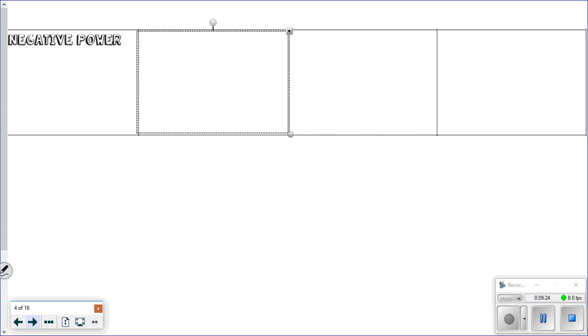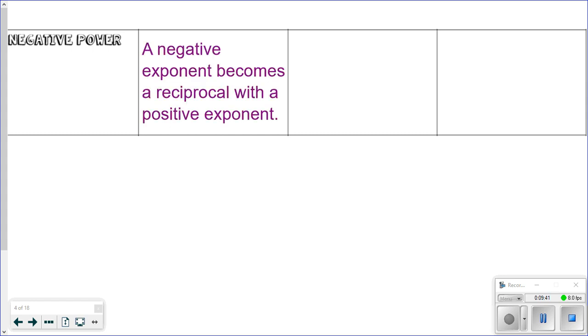So let's add this to our graphic organizer, your yellow paper, and then the more examples we go through, hopefully the more it's going to make sense to you. So in the verbal description box, a negative exponent becomes a reciprocal.